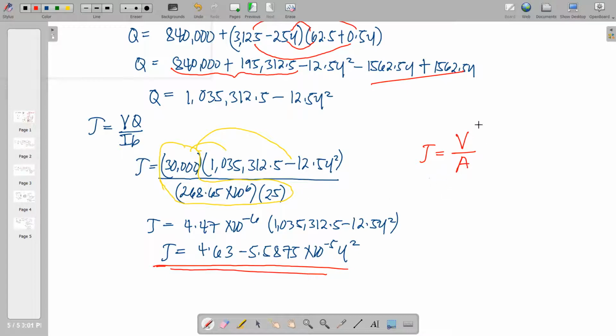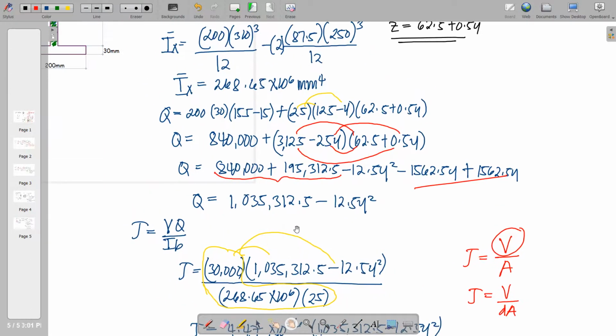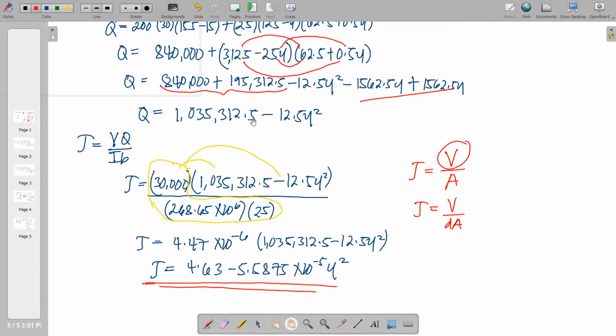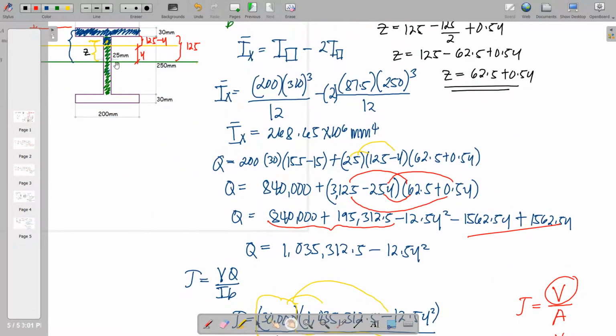So therefore, we are concerned with V here, and then we are dealing with the differential area actually. Why differential area? Because the area is changing as we approach the outer portion of this lower portion and the upper portion of the web.